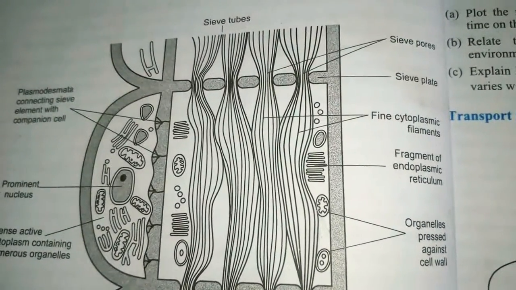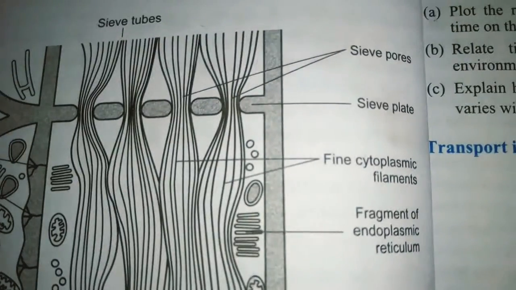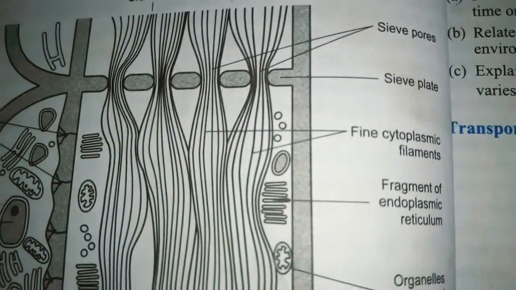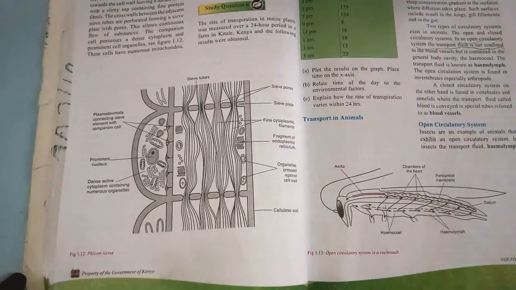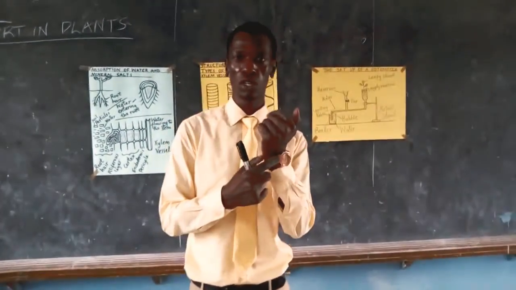Remember, this food is transported to storage organs, and it may also be transported to other parts which may be requiring some food, for example growing parts and other parts such as the storage organs.